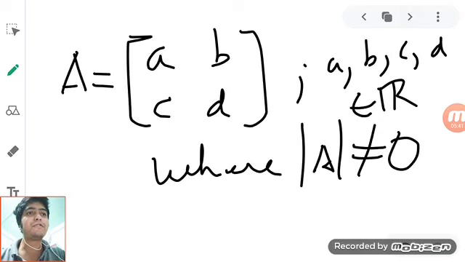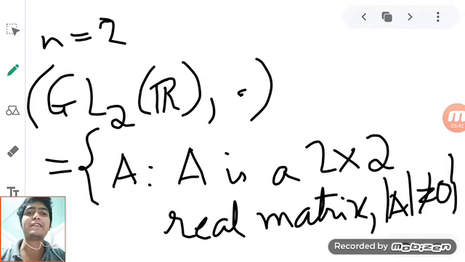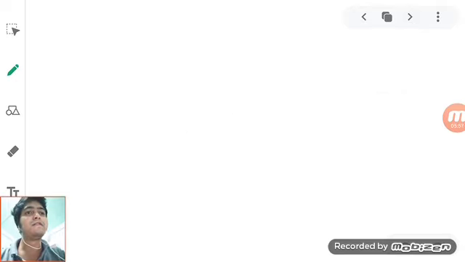We can easily verify that this one is a group, but that is not required in this semester. I just want you to be familiar with the identity element as well as the inverse of an element. So if the group is GL2R, let's see the identity element.